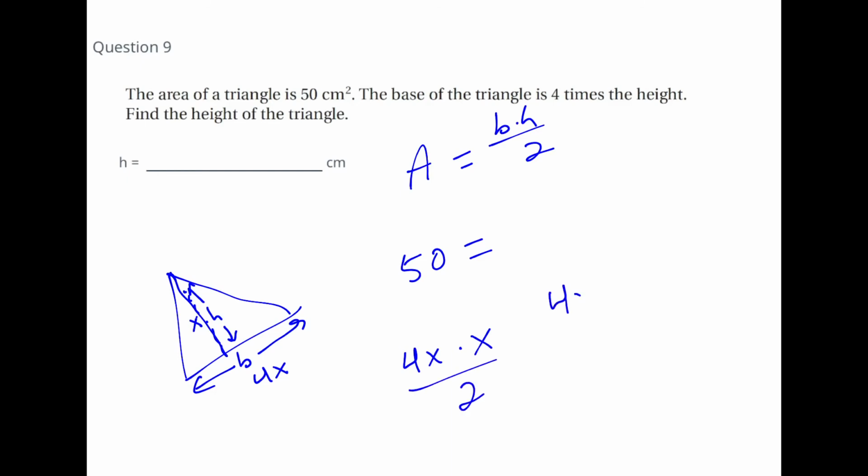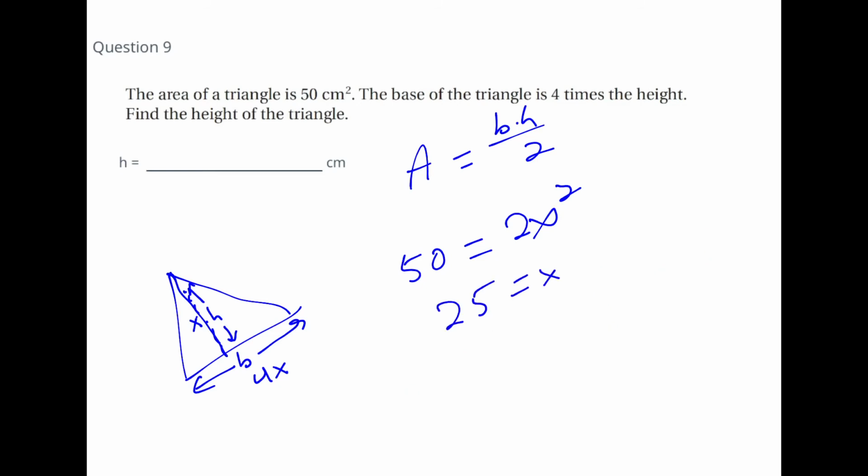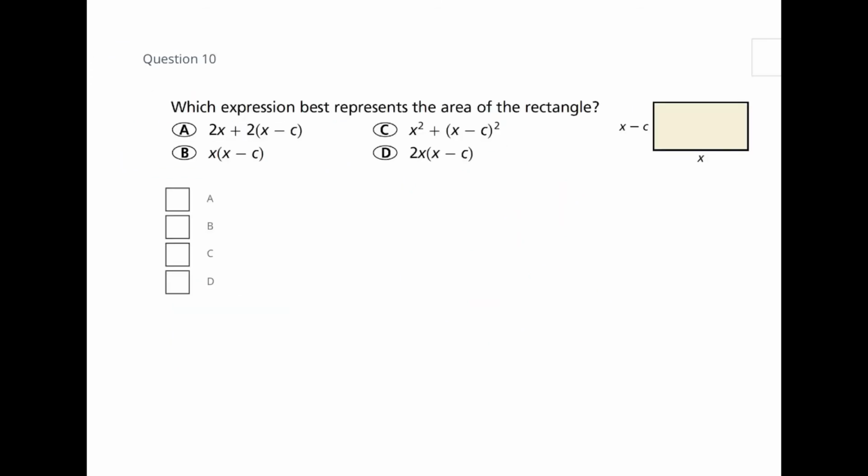That's going to give me 4x squared divided by 2, or just 2x squared. And that's going to be equal to 50. So if I divide both sides by 2, I get that 25 is equal to x squared, or 5 is equal to x. They want to know the height of the triangle, which was just a single x, so the answer is 5.